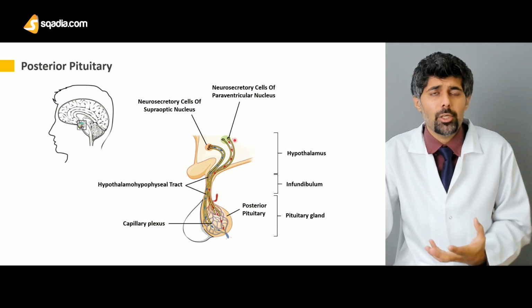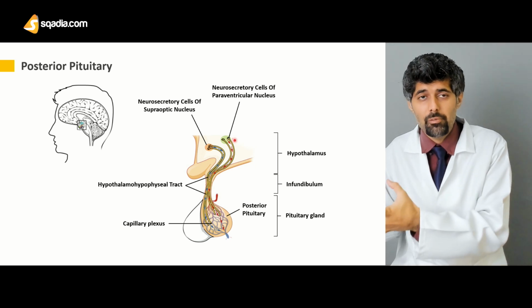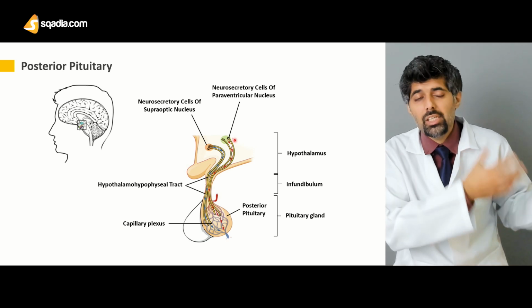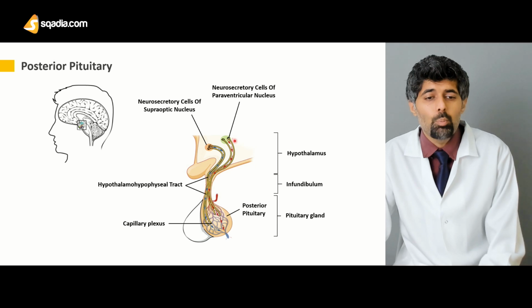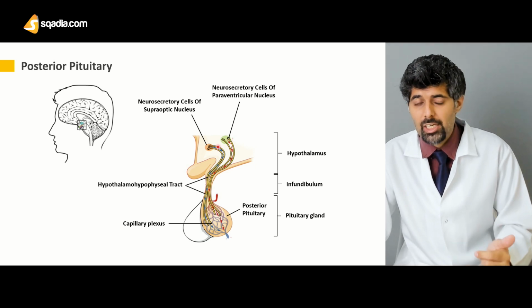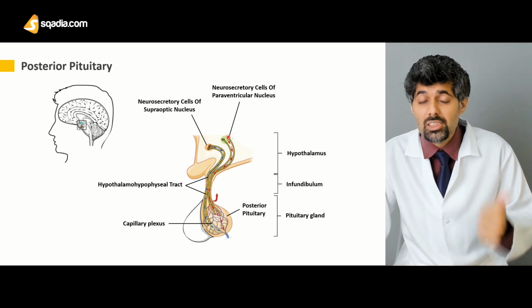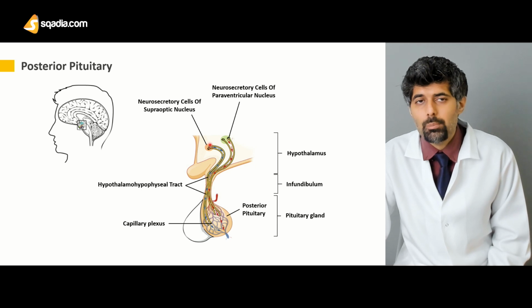Oxytocin has a variety of effects, from delivery and labor to the contraction during the third trimester of the pregnancy. Both of these hormones, the ADH and oxytocin, are synthesized in the nuclei of the hypothalamus.